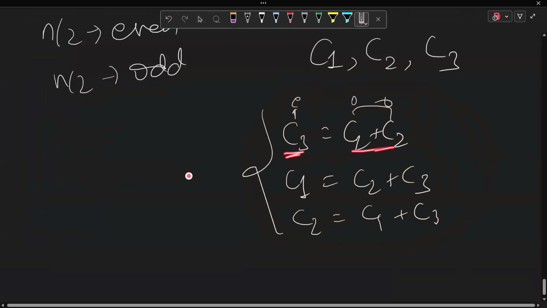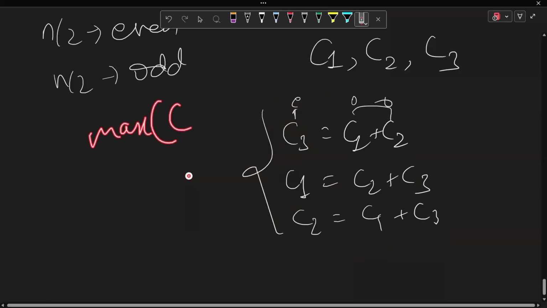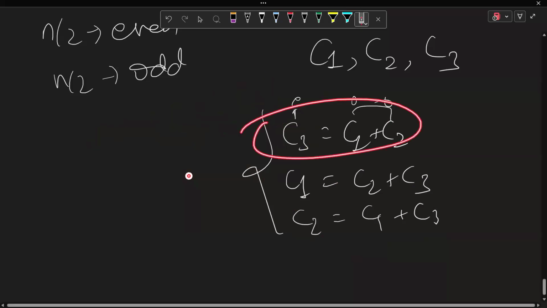If you have C3 equal to C1 plus C2, that means C3 is the maximum among these 3 values, because the sum of C1 and C2 would always be greater than C1 and C2, or C1 is the maximum, or C2 is the maximum. Basically, if the maximum among C1, C2, and C3 is on the left hand side, then the total sum minus that should be equal to that.